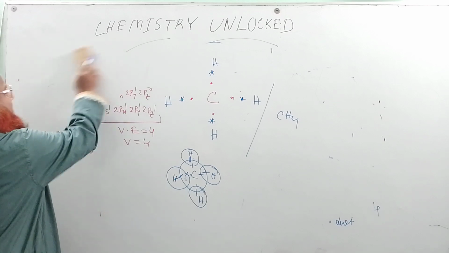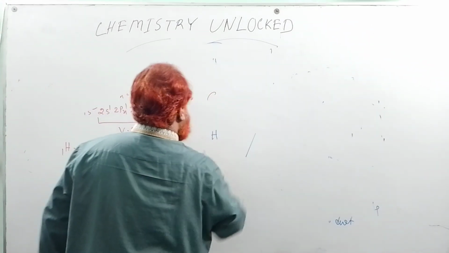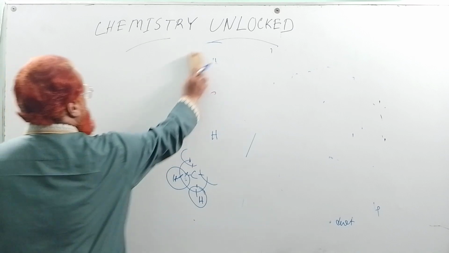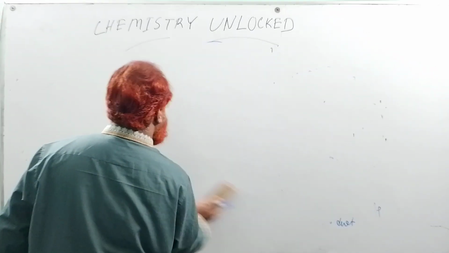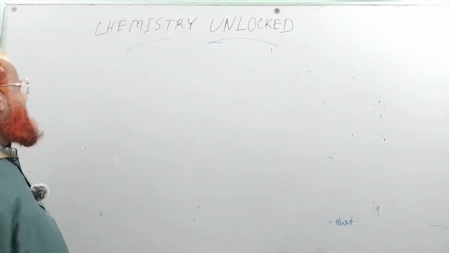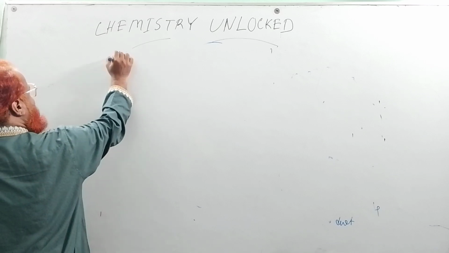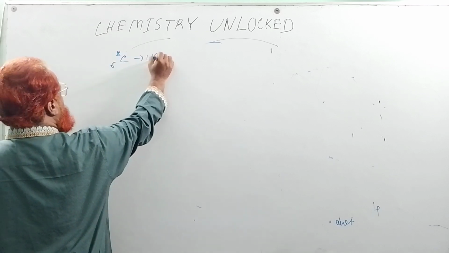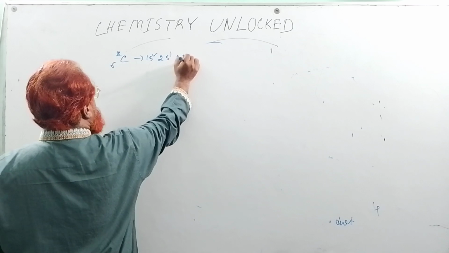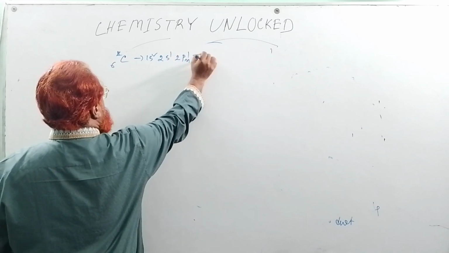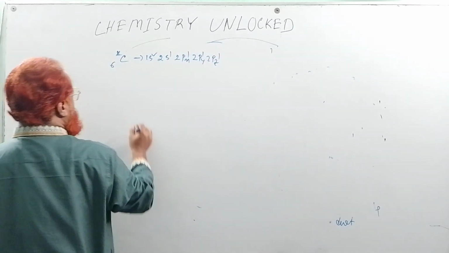Now the final diagram of this class, CO2. CO2, you know, carbon at excited state is 1s2, 2s1, 2px1, 2py1, 2pz1.